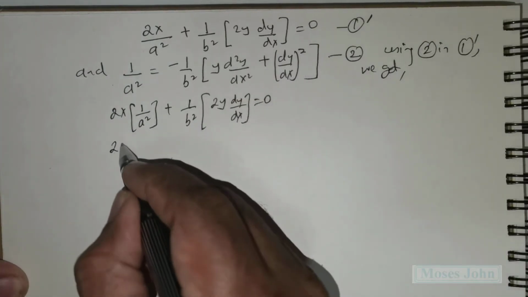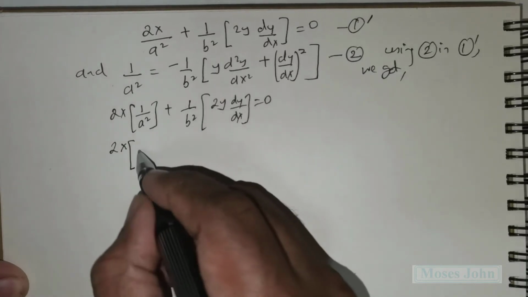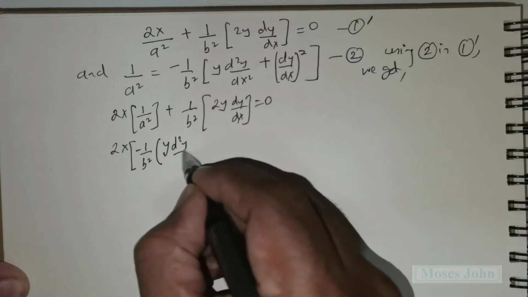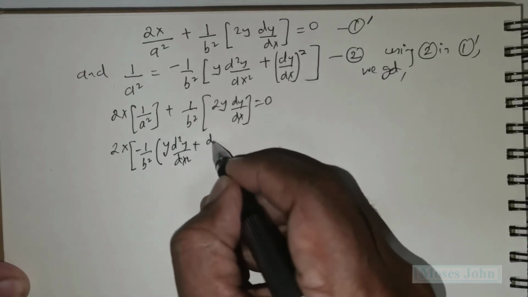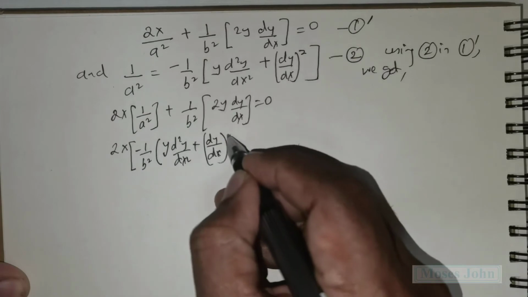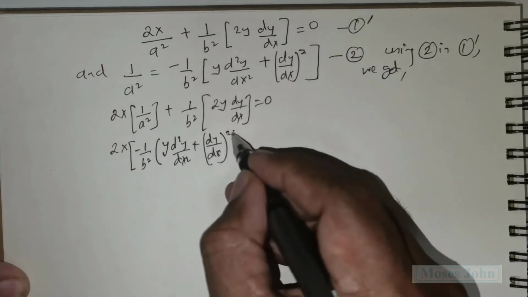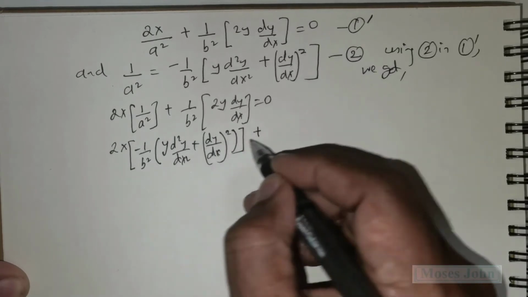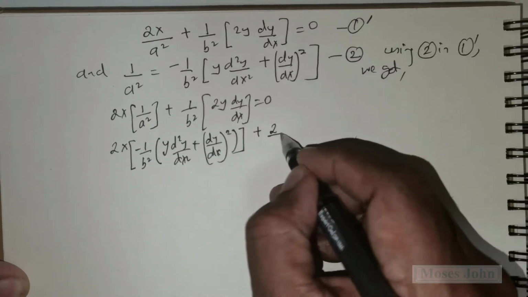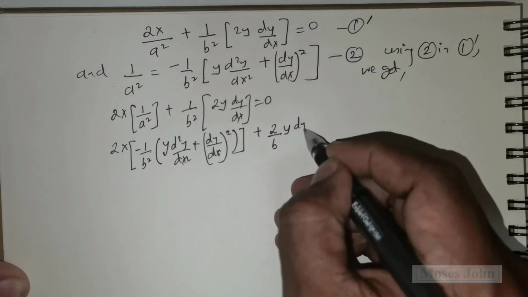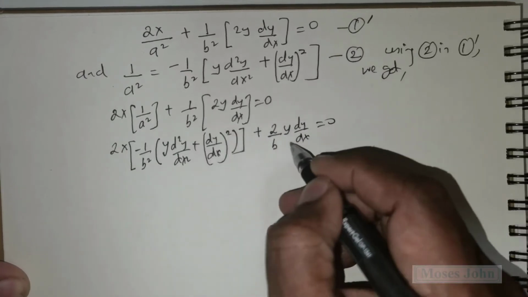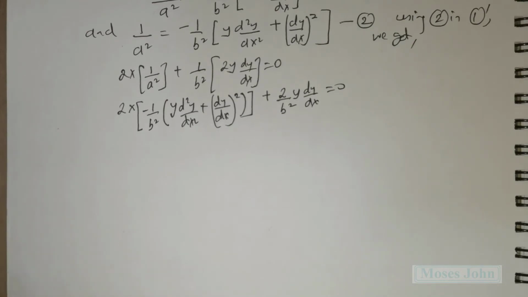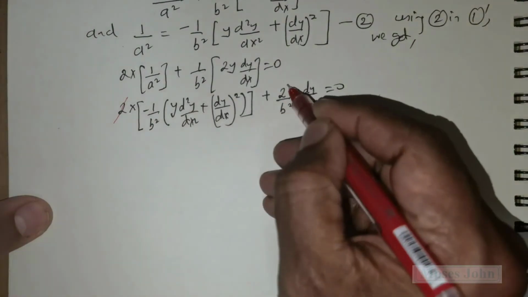So this is going to be 2x of negative 1 over b squared times y times d squared y over dx squared plus dy over dx raised to the power 2. This is what I have substituted, followed by plus 2 times y dy over dx is equal to 0. Of course, there is a b squared there. Now clearly we can remove the 2 out, so 2 can be cancelled.